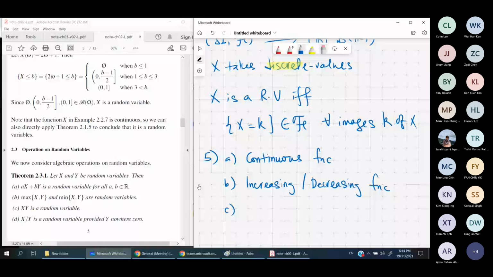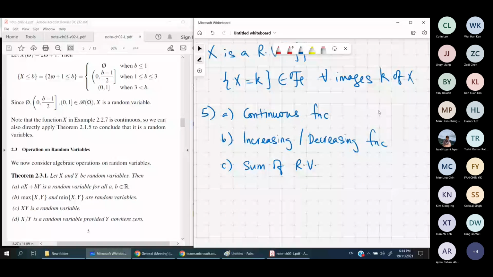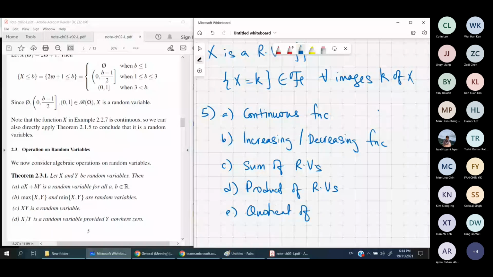So you can say sum of random variables, or you can subtract, and also you can see a product of random variables, or you can see a quotient of random variables, and all these are random variables.